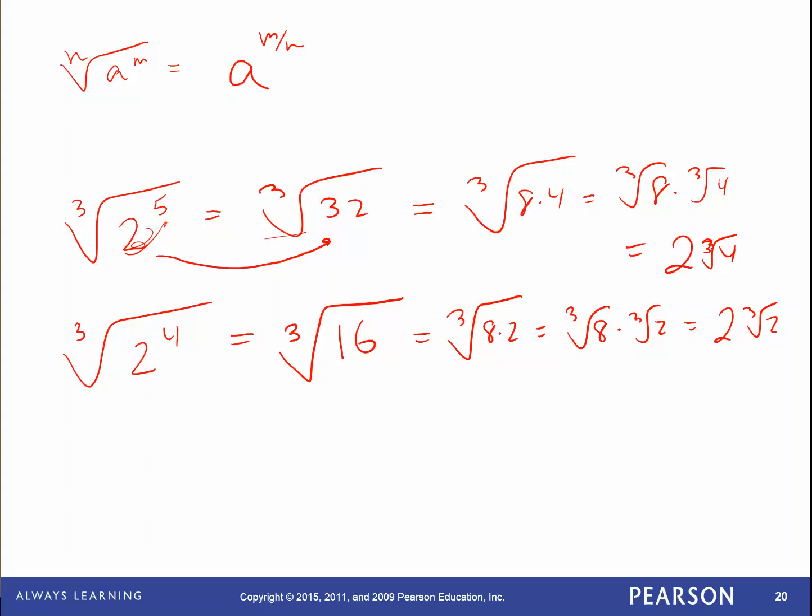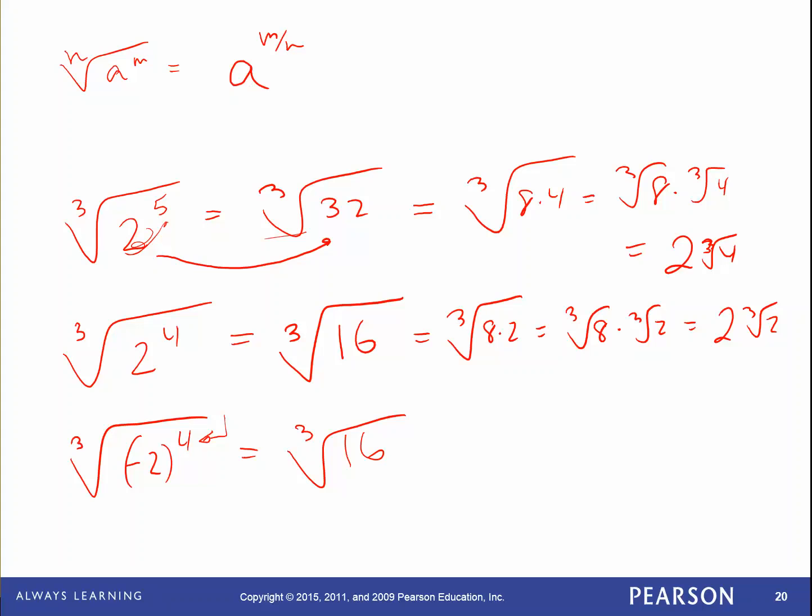Okay, the problem comes in with this right here. So this is the cube root of negative 2 to the 4th. Cool. If I do this here, notice what happens because I'm taking even powers of something: the negative goes away on me.